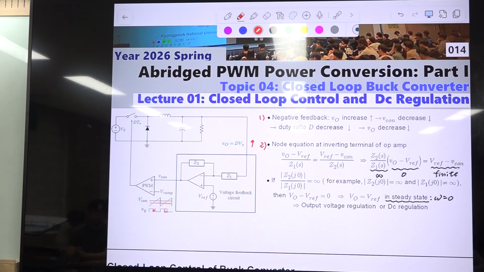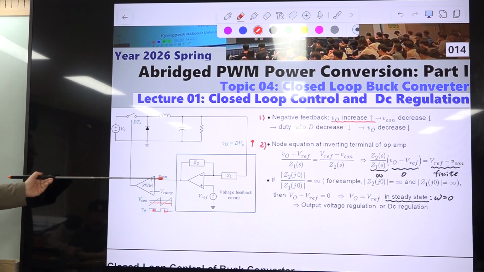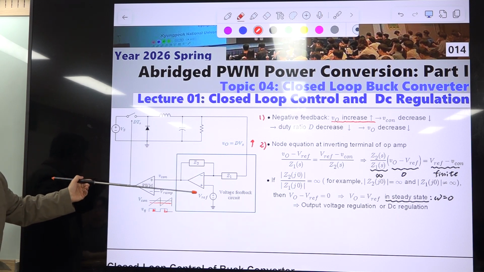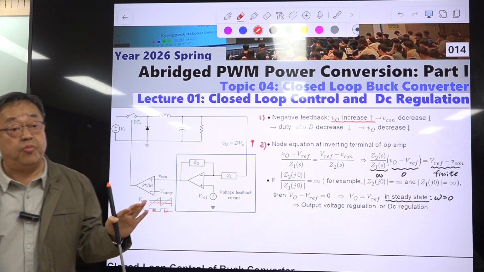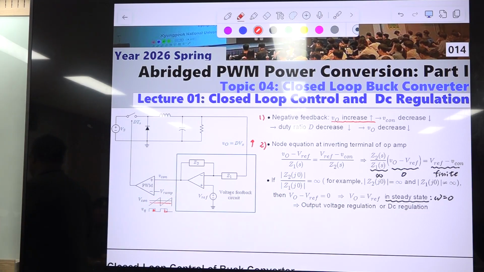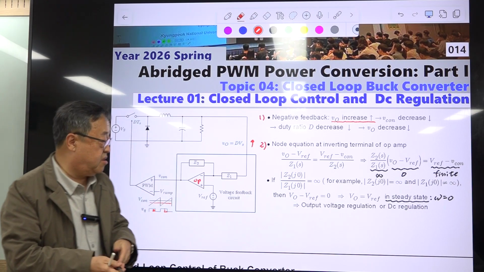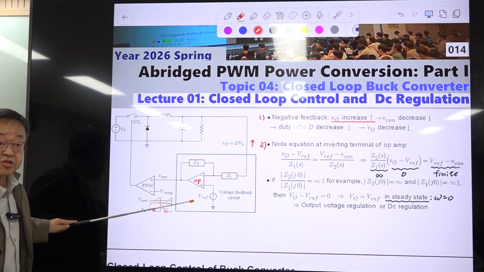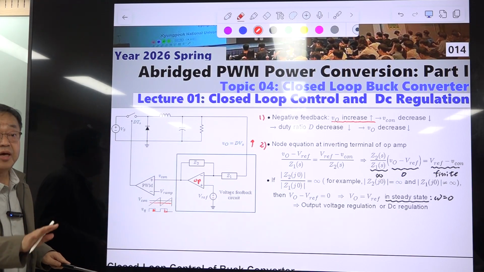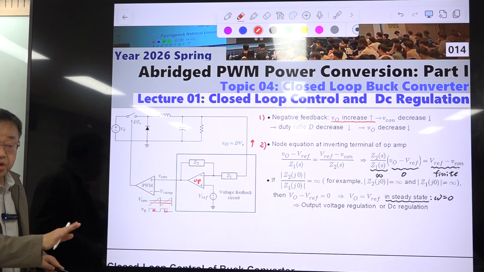So for some reason, you have an unwanted situation: output voltage increased. Because of this negative sign, this signifies the inverting terminal of this operational amplifier. This is an op-amp. There is some device called a comparator, and the symbol is the same, with the same triangle, but the function is different.